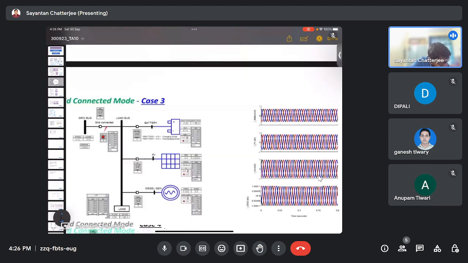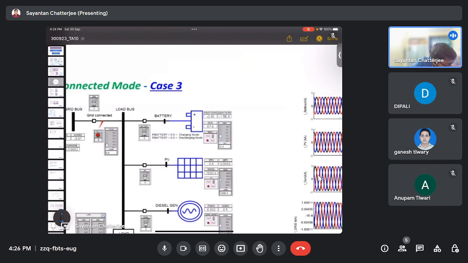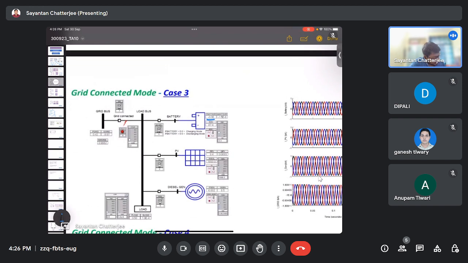The battery was in charging mode. If the battery power is less than 0, that means the battery is getting charged from the grid. The load power was 0.5.